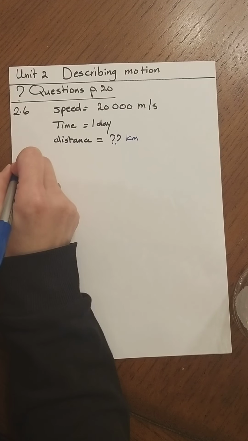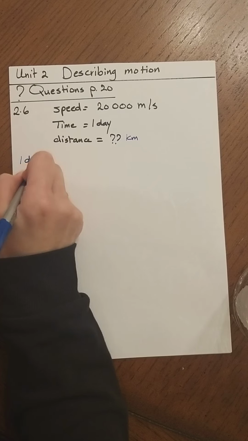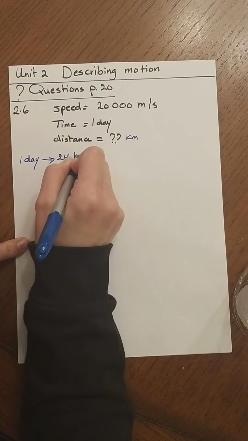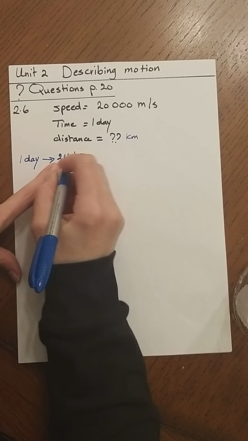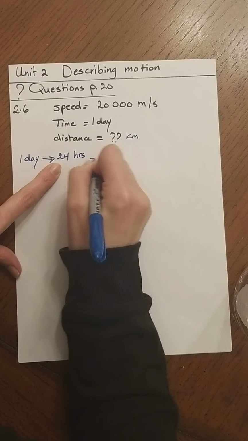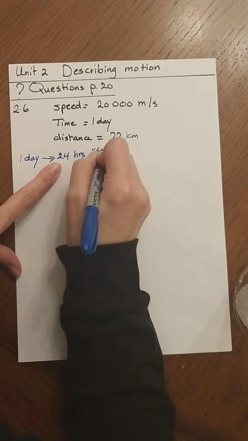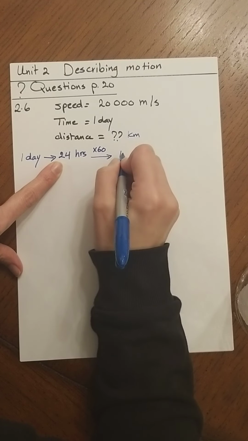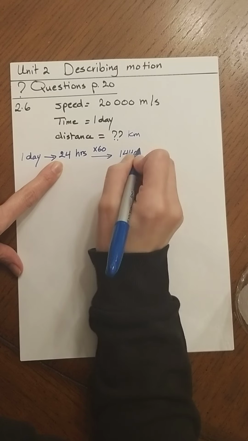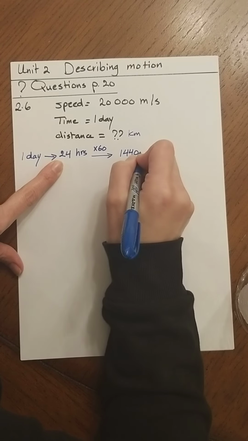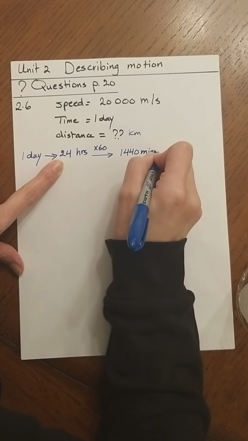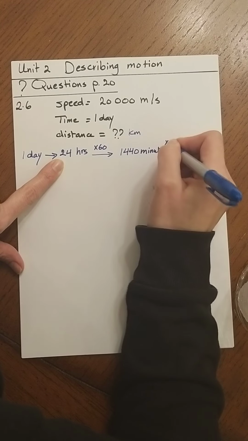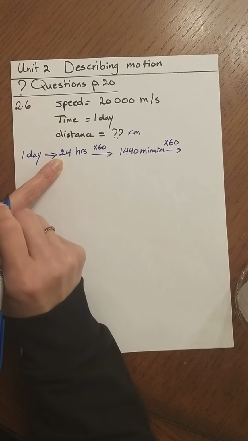So one day is 24 hours. From hours to minutes, we multiply by 60. So 24 hours are 1,440 minutes. From minutes to seconds, we need to multiply again by 60.